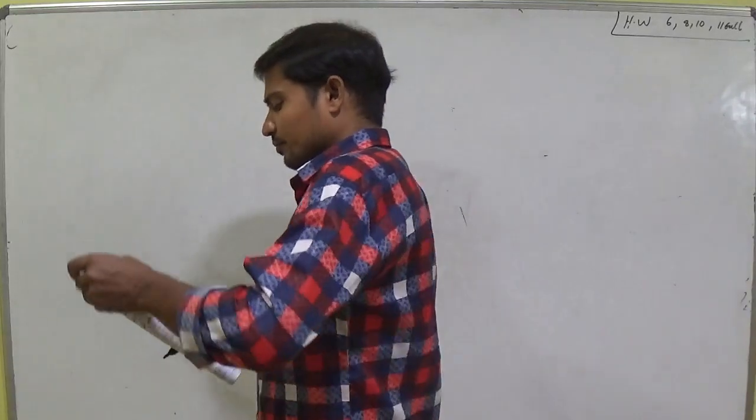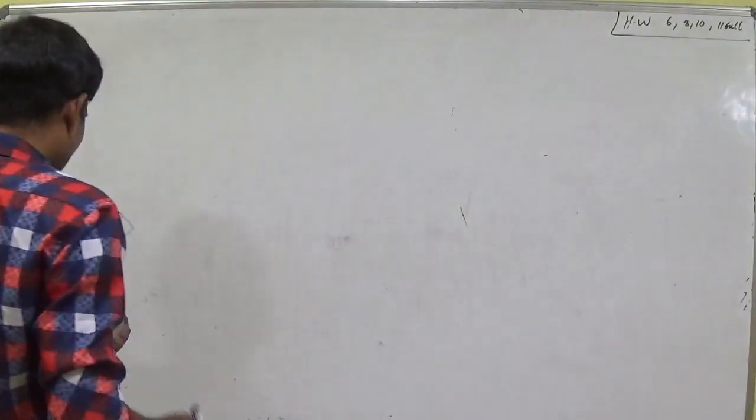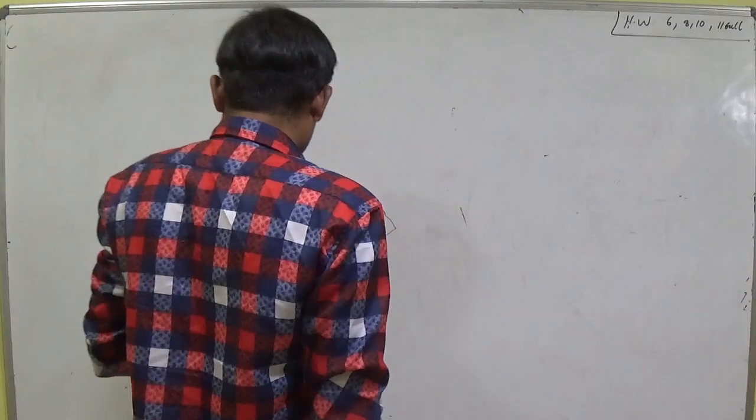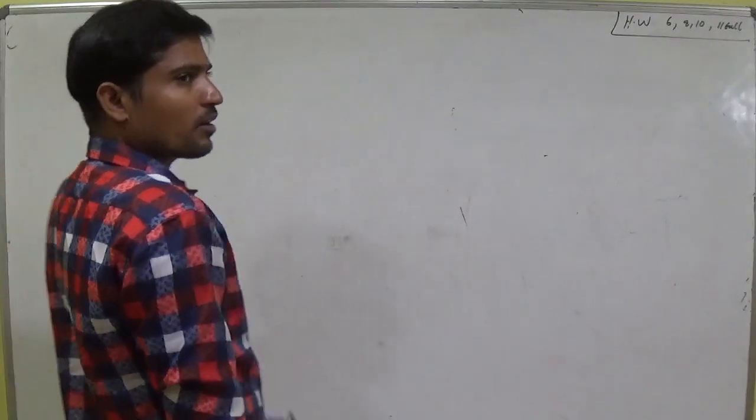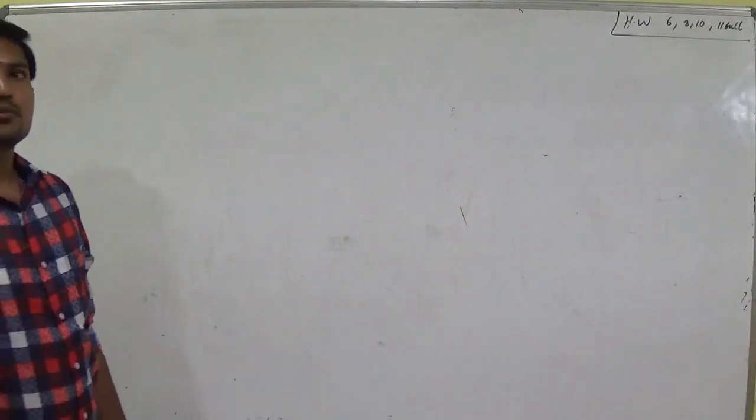Equation of the pair of tangents drawn from (0, 0) to the circle. That means S1 squared equals S into S11.